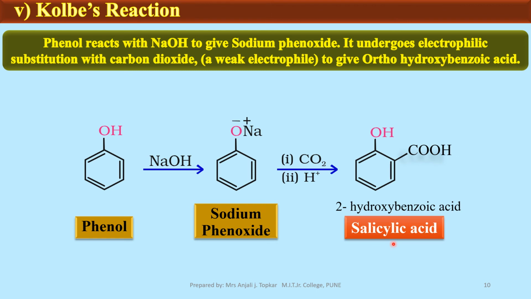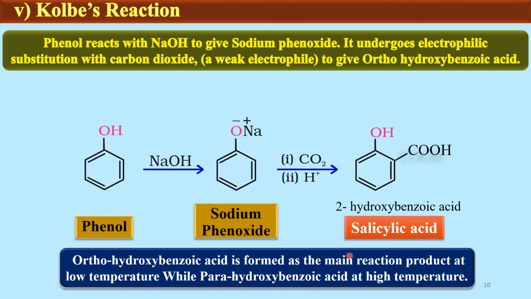Orthohydroxybenzoic acid is formed as the major reaction product at low temperature, while para-hydroxybenzoic acid at high temperature.